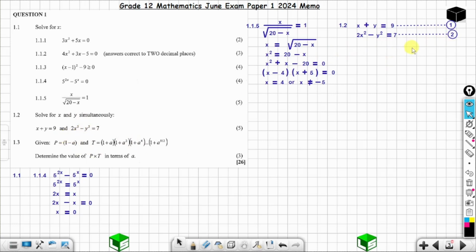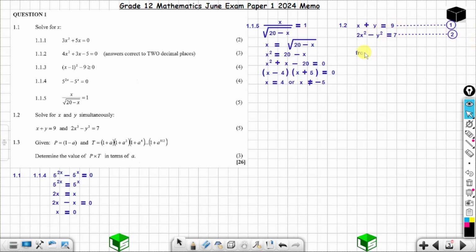Okay, so now you can make x or y in equation number 1 or equation number 2 the subject of the formula, okay? You can use equation 1 or equation 2. So, I'm going to choose the simplest. The simplest is equation 1.